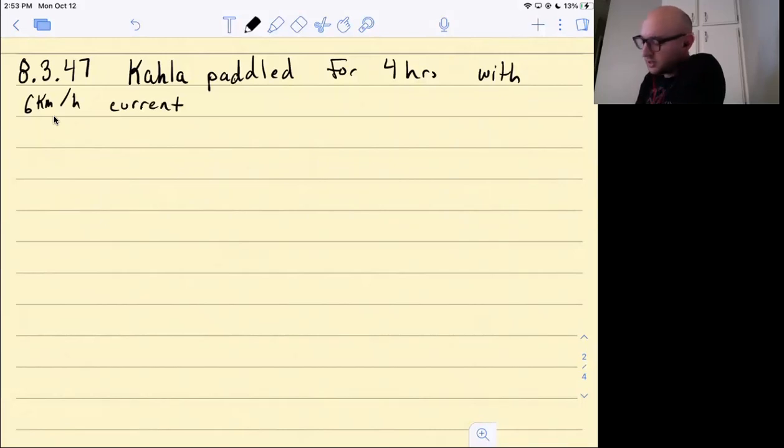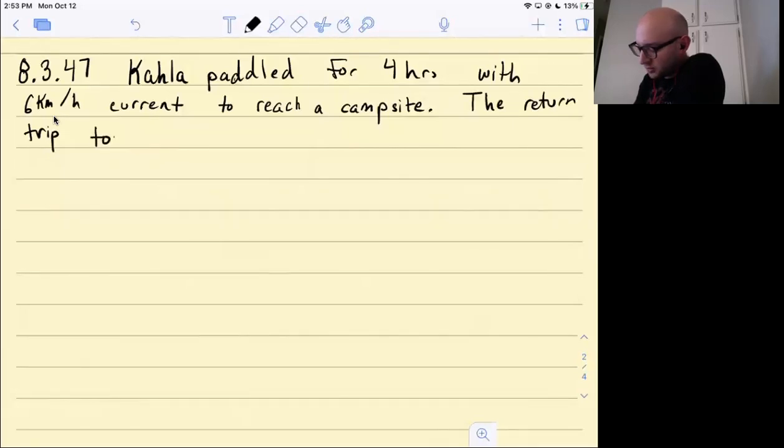For 4 hours with a 6 kilometer per hour current, to reach a campsite. The return trip took 10 hours.